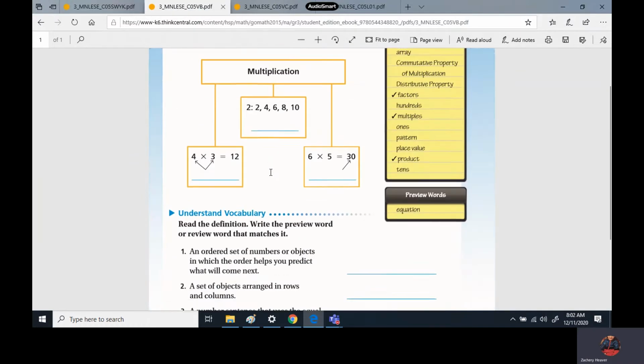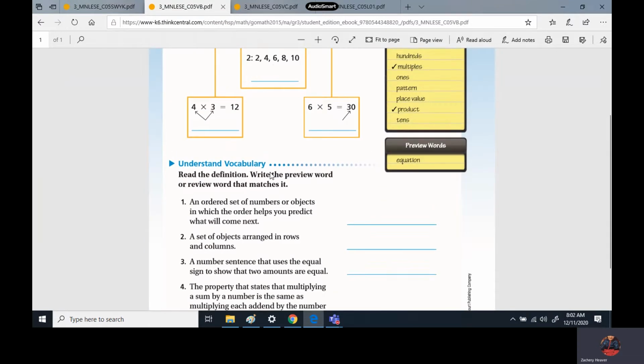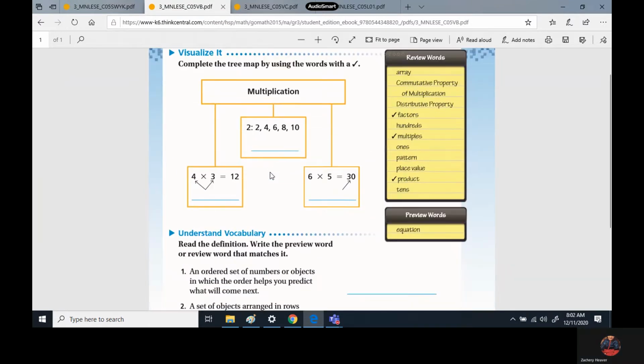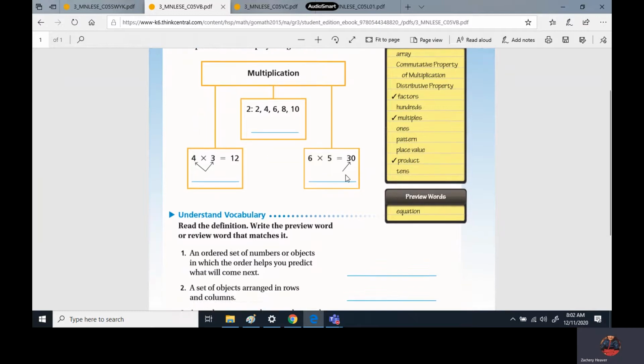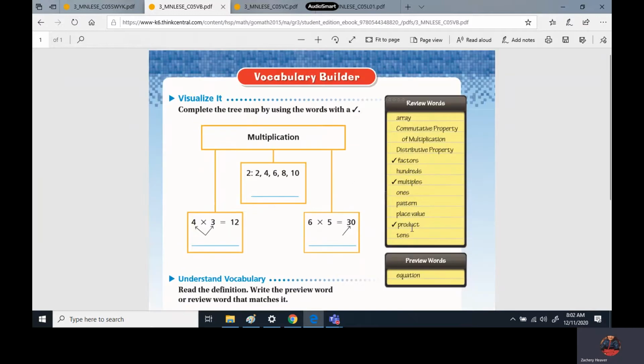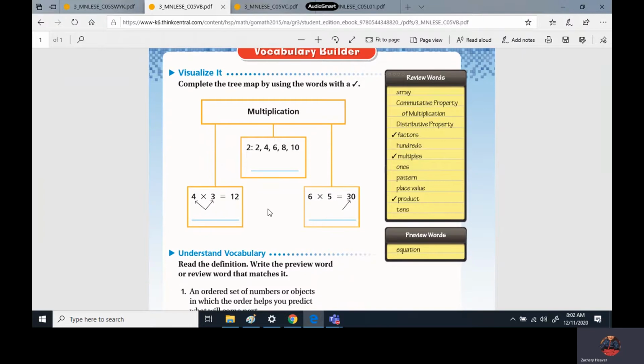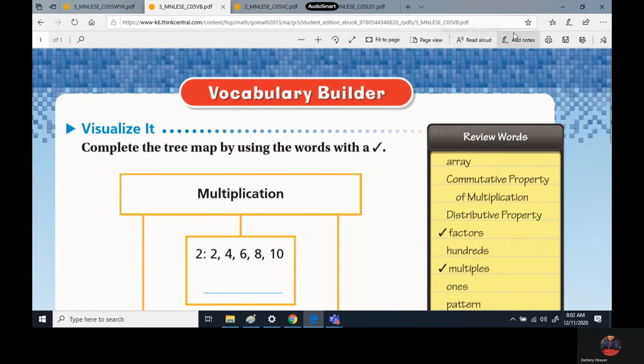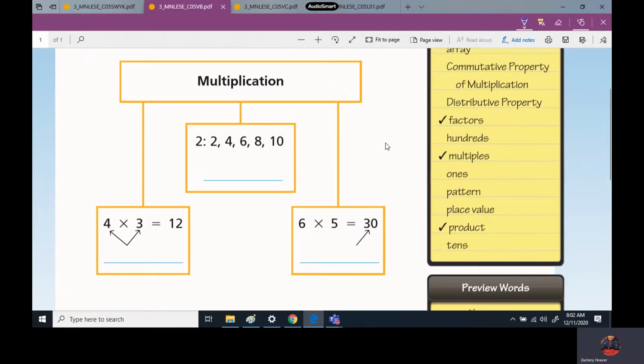This is a vocabulary builder where it tells you what vocabulary words you're going to need to know. For example, we should know factors, multiples, and product. Multiples of a number: 2, 4, 6, 8. Those are multiples of 2. Product is the answer to, I'll even do this with you. Let's add notes.